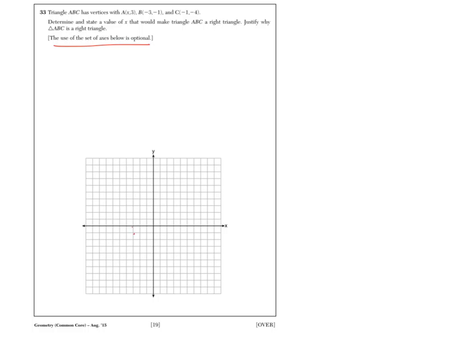So -3, -1 is where B is. And C is at -1, -4. So I get a line here.